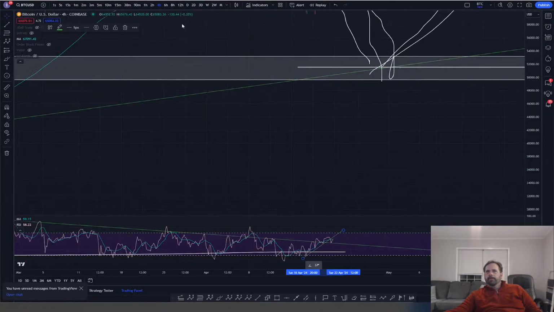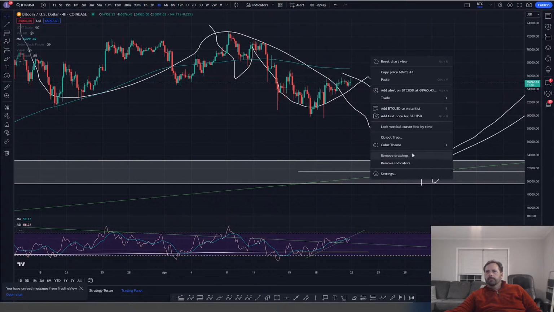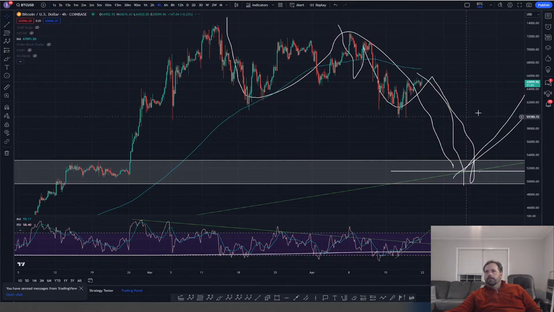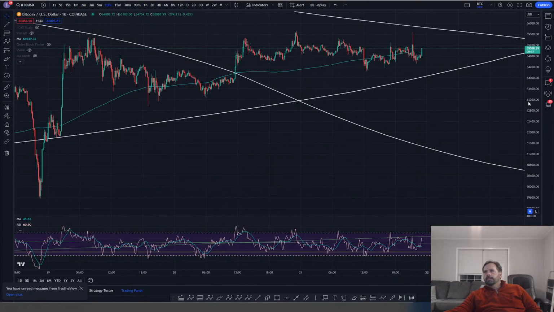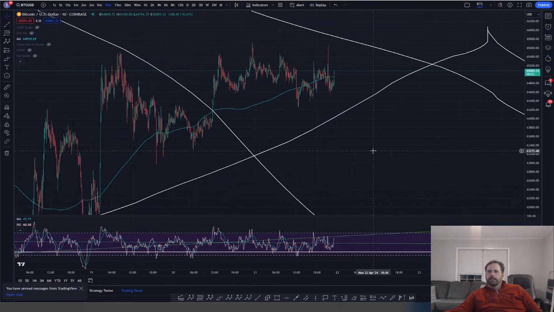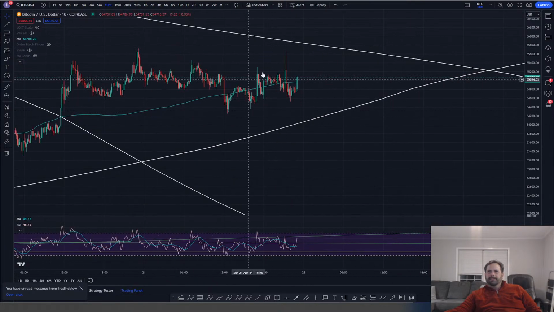Has my count for Bitcoin invalidated? Let's look. Small time count. Is it invalidated? Nope. It is not invalid. What is that? 3.